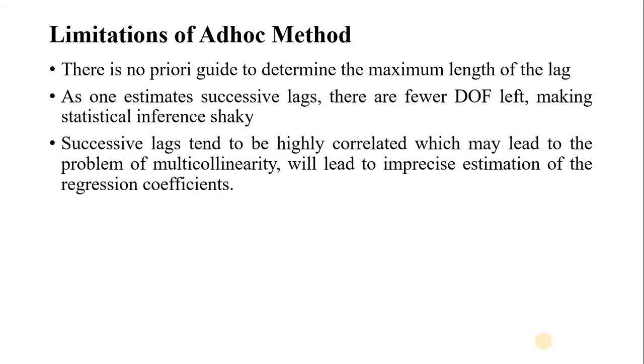It is a high linear correlation between two or more independent variables in your multiple regression model. In this multiple regression we are including many lags, and these lags may be correlated with each other, which creates the problem of multicollinearity.